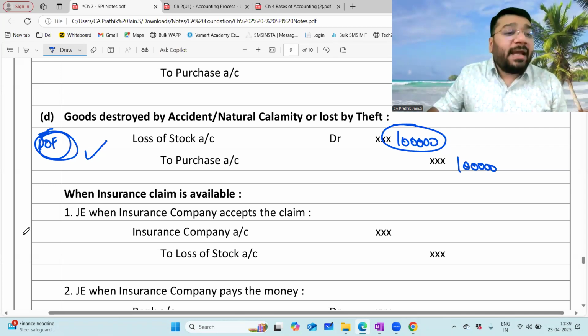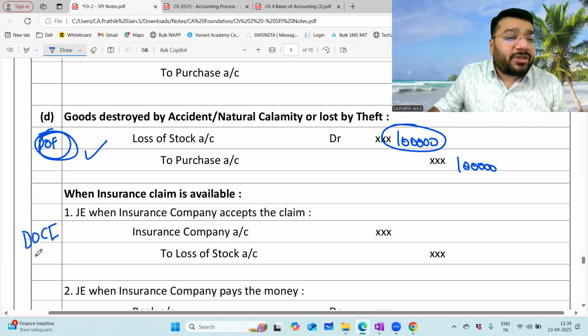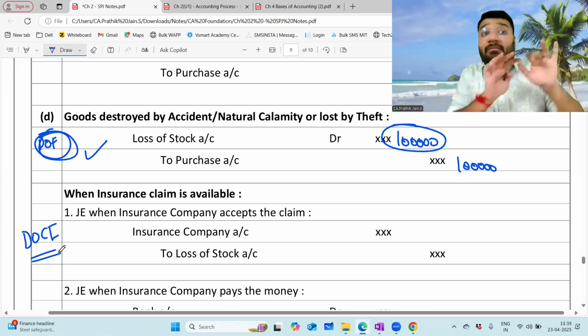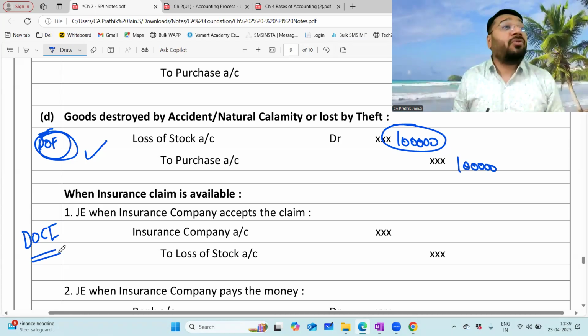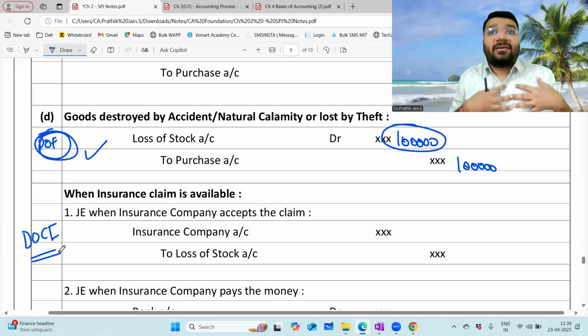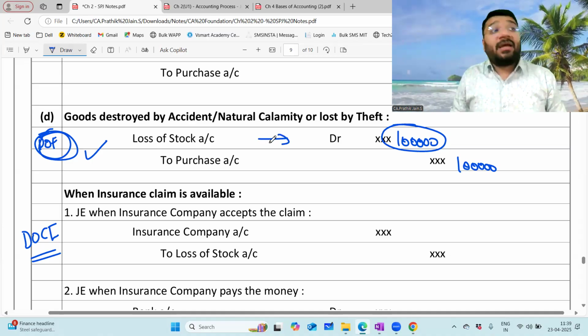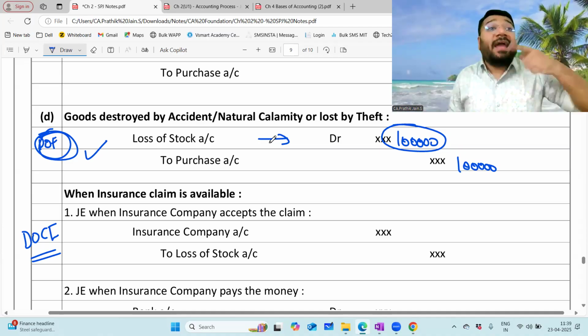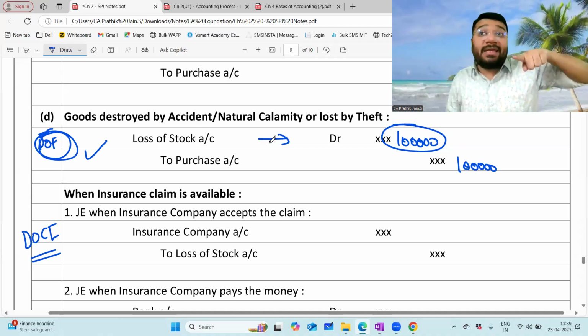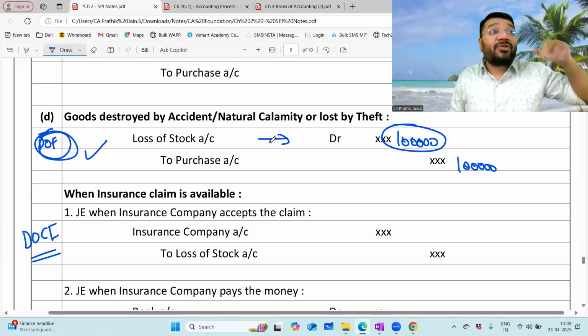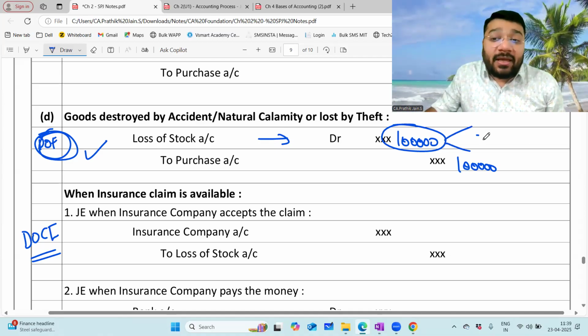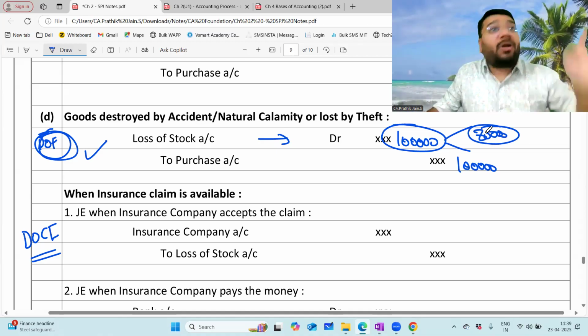Now, on the date of claim confirmation, when we receive the confirmation email from the insurance company, what will you do? You'll take a deep breath. Thank God. Where I was recording the entire 1 lakh as loss, I'm going to receive 80,000. Is the 80,000 that I receive my loss? No. So in this 1 lakh rupees, 80,000 rupees is actually not a loss.